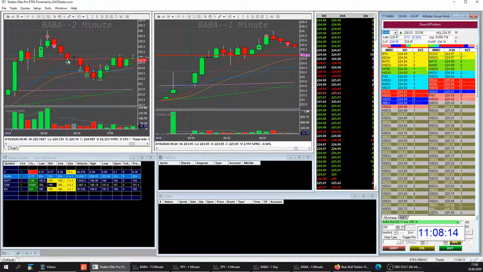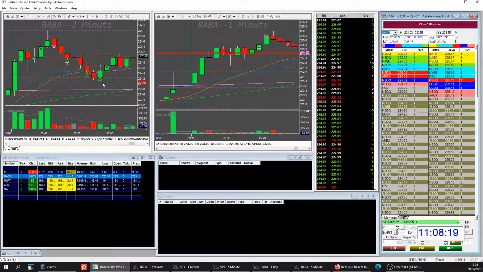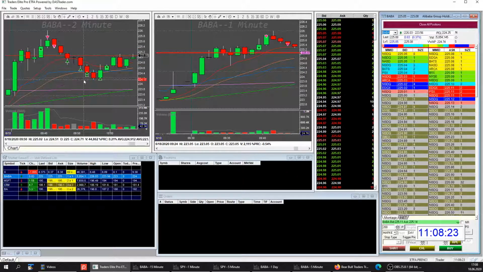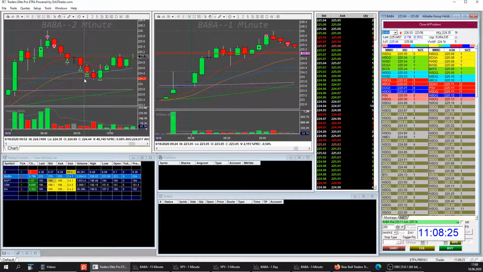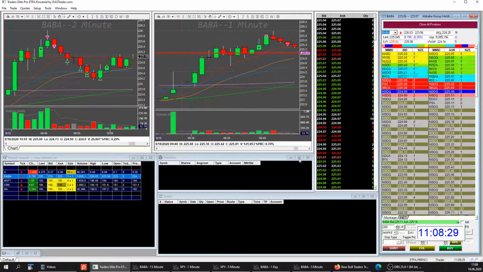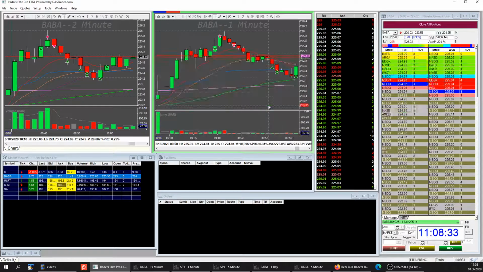But this was not the case, luckily for me, and I partialed all the way down from 225.36 to 224.17, so over a $1 move. So this was a nice one. Let me show it on the 1 minute chart.